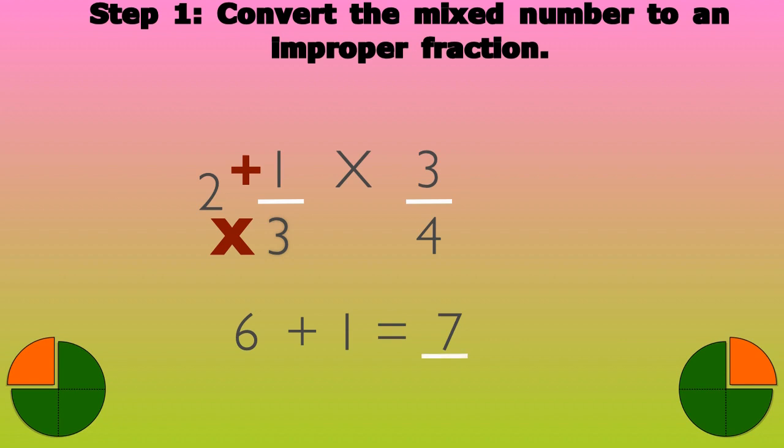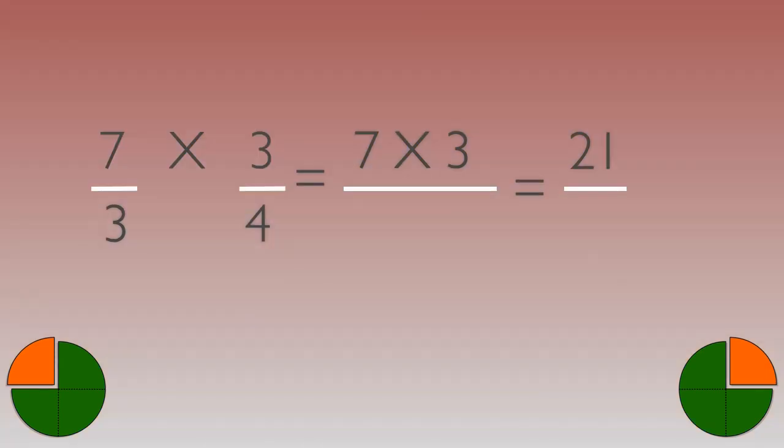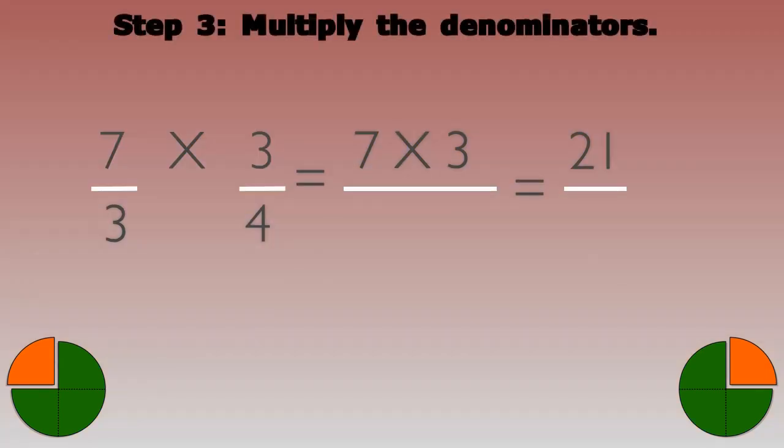And remember, my denominator stays the same. 7/3. Once I do that, the next step says I multiply my numerators. 7 times 3 is going to give me 21. Then, step 3 says I multiply my denominators. 3 times 4 is going to give me, that's right, 12.